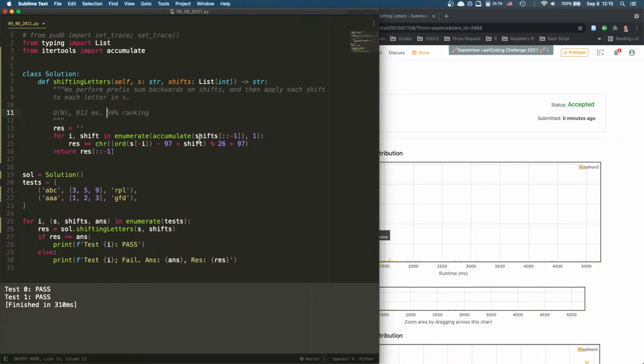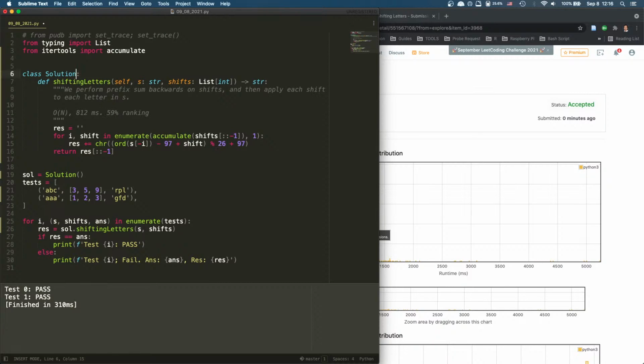And when you do accumulate, right, we can, oh, can we mod? Can we mod? If you look at it, what we do is this minus 97, right? We plus all the shifts, and when we do the accumulation, we apply the mod every single time.